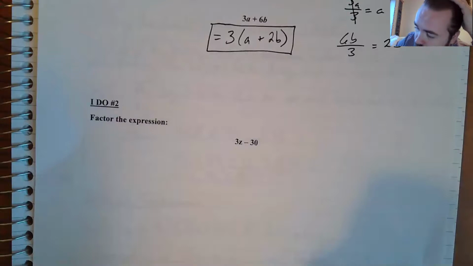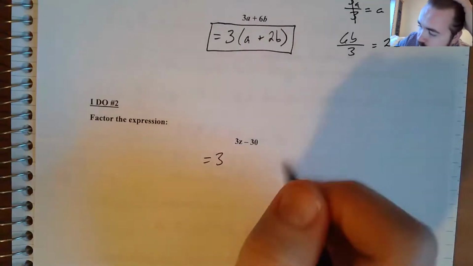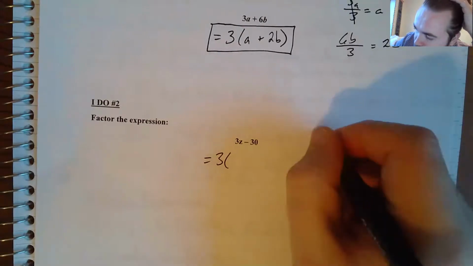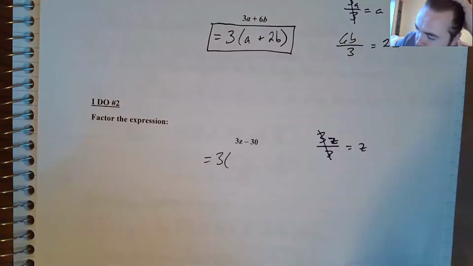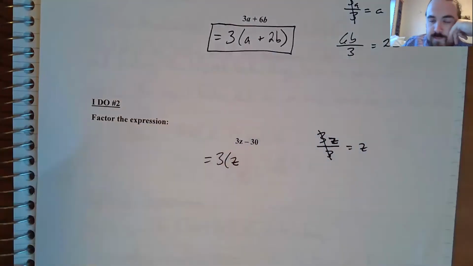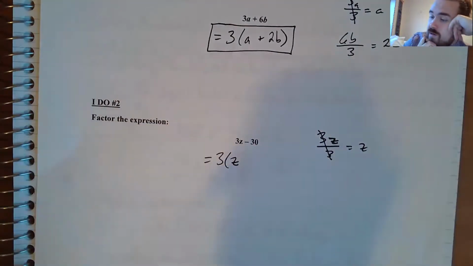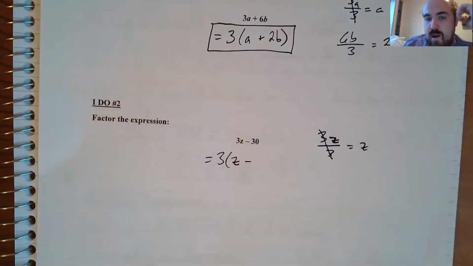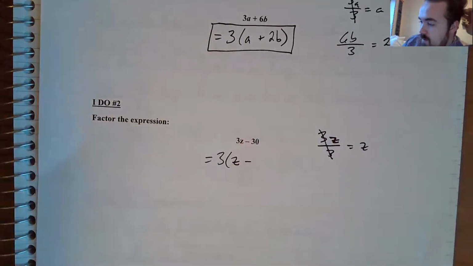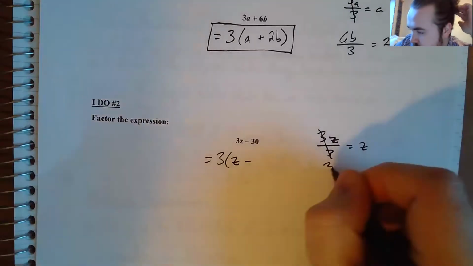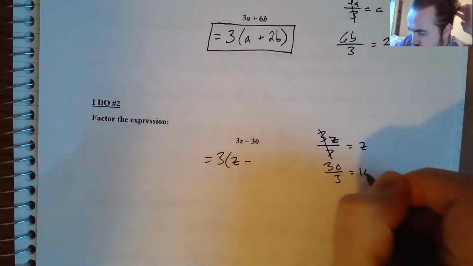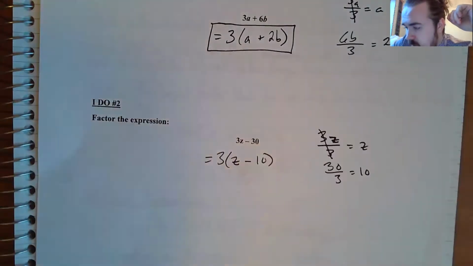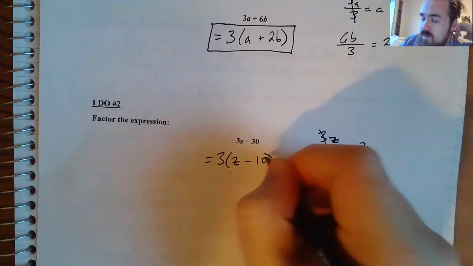So again, I'm going to start with 3 outside parentheses. 3z divided by 3 is just z, or 1z. Remember, you drop down the same operation. We've been having plus. Don't forget to bring down a minus this time. You can't forget that minus. Now, 30 divided by 3 is just going to be 10. 3 times z minus 10. Check. Can z and 10 be divided by the same number? Nope, they can't. So all set there.